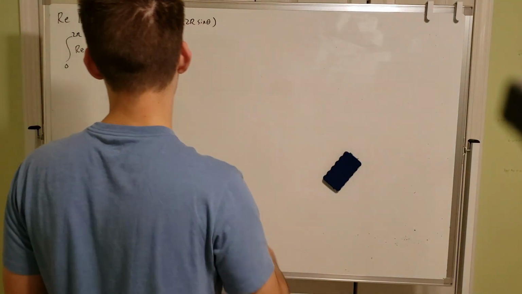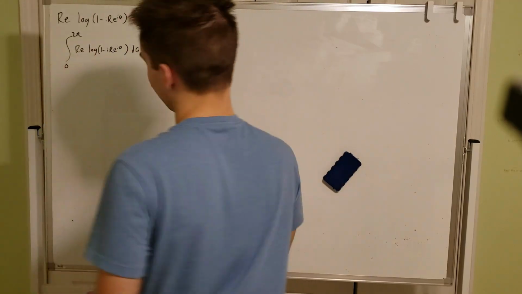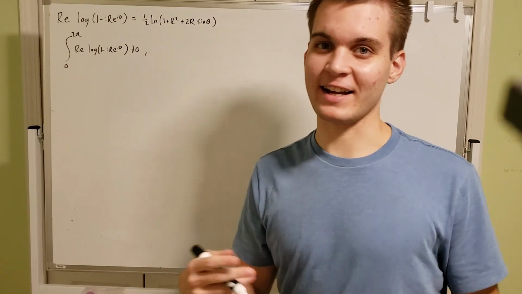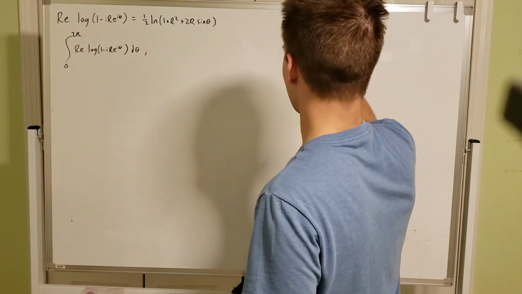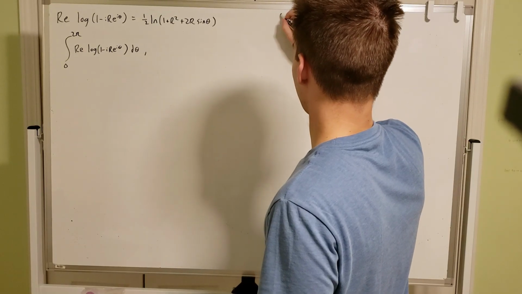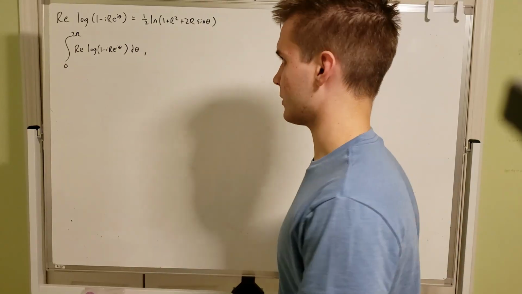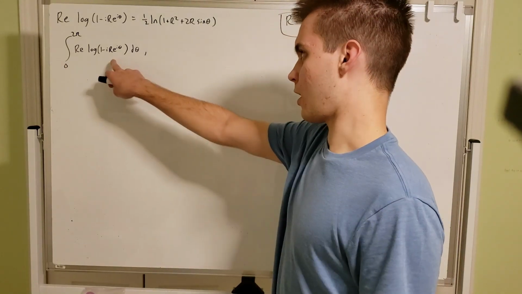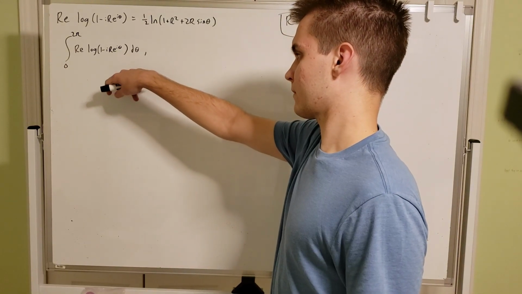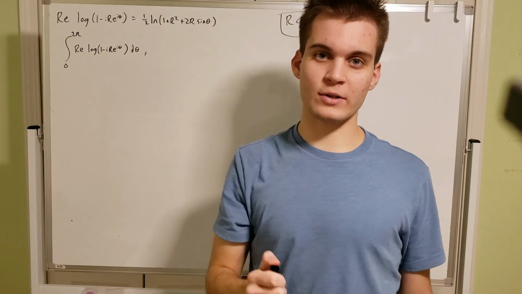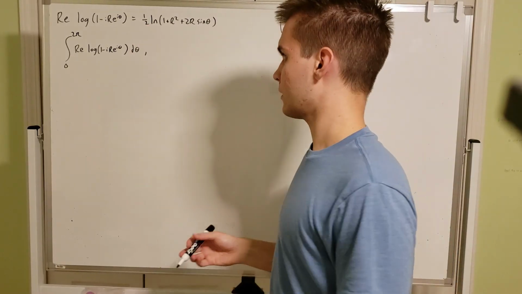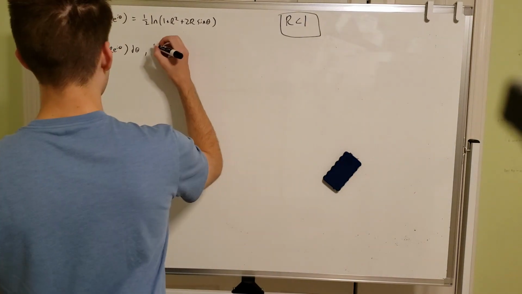Now, conveniently, we didn't say yet, but I'm going to say now, we're going to look at the case where r is less than 1. So that means we're inside the unit disk in the complex plane. So r e^(iθ) is always going to have modulus less than 1.